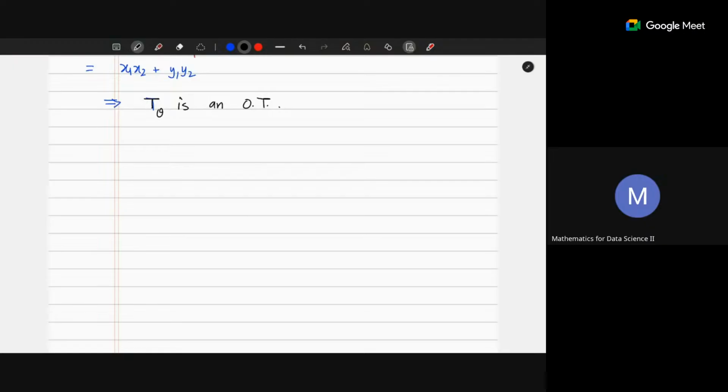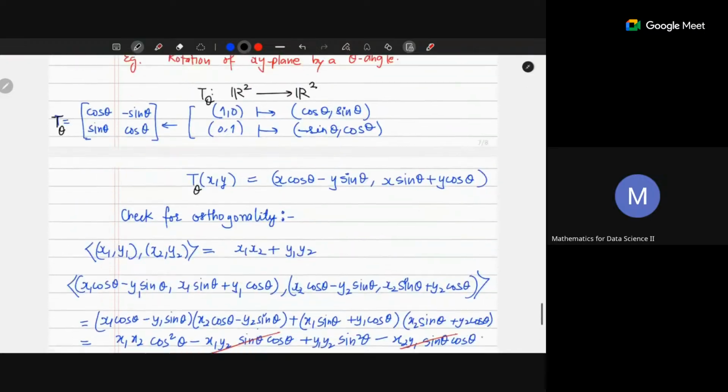Okay. Now let's look at one more example, which is of the similar type.